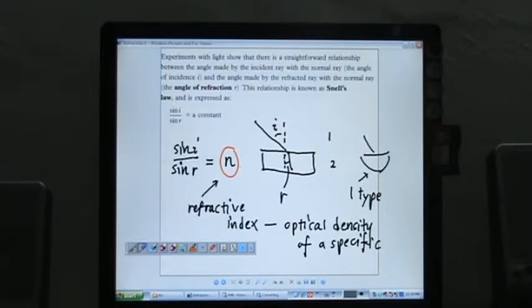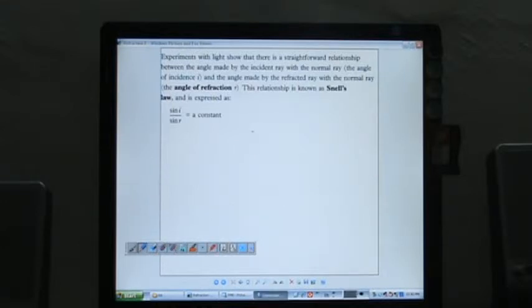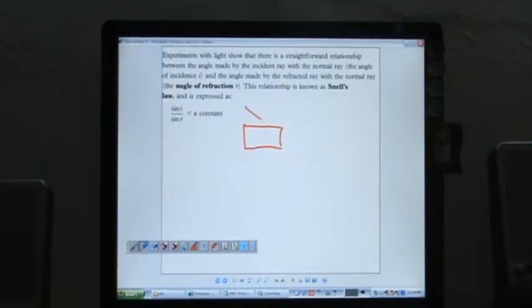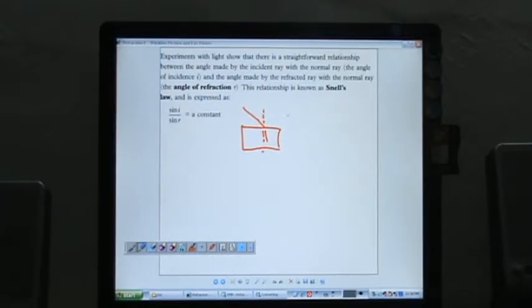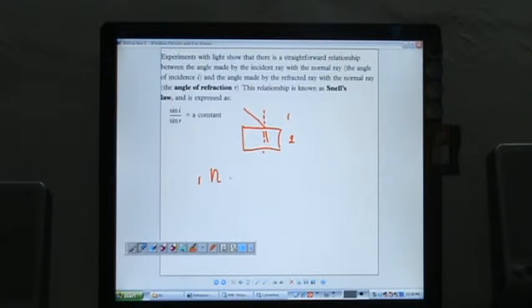But we need to be careful, because if I have this case of a ray coming in from medium 1 to medium 2, I should write something like this: 1 and 2 equals sine I over sine R. Pay special attention to this point, because most reference books don't mention it.